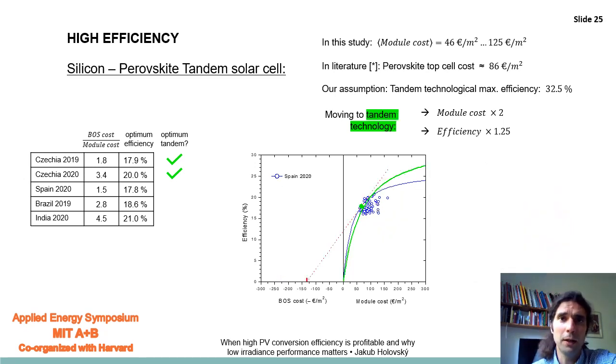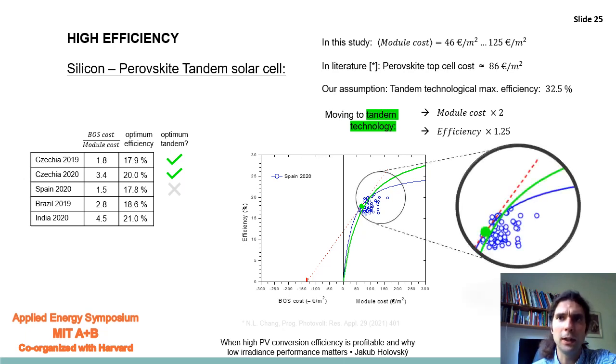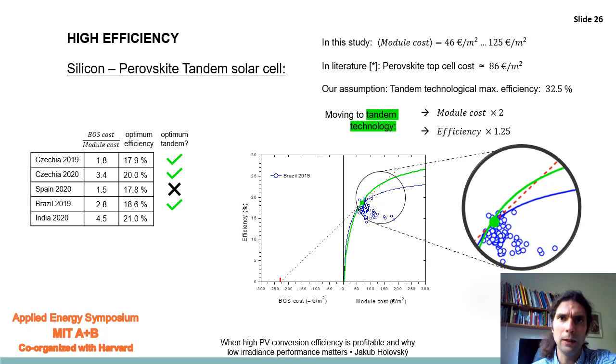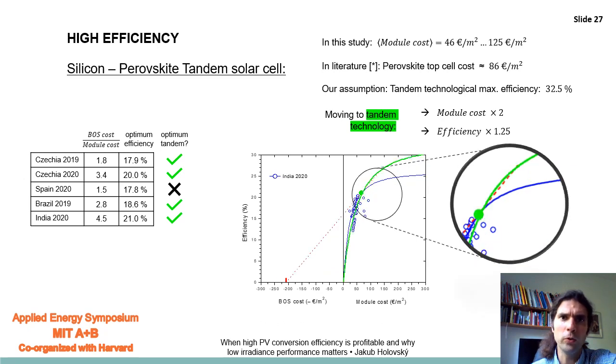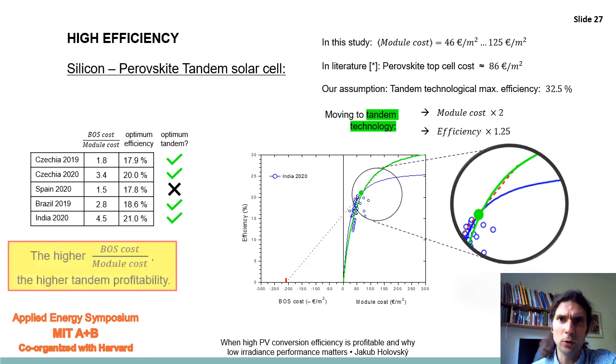Interestingly, for Spain, showing the lowest BOS over module cost ratio, this is not the case, but it is again the case for the remaining countries like Brazil and India, confirming the trend that the higher the BOS over module cost, the higher is the silicon perovskite tandem profitability.